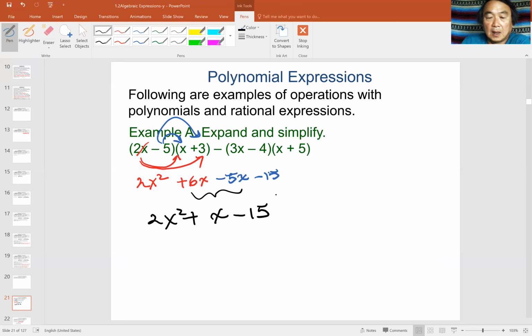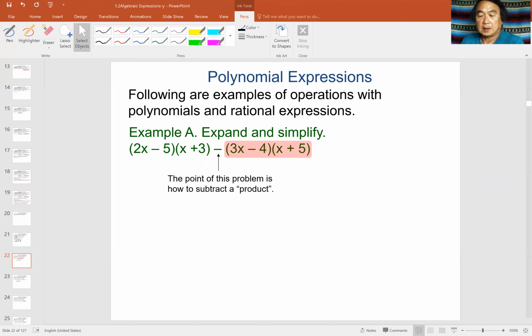Okay. The problem asks us to multiply two sets and subtract another two sets more. In this particular example, watch out for the subtraction, because the product is going to be three items, and we are subtracting these products.